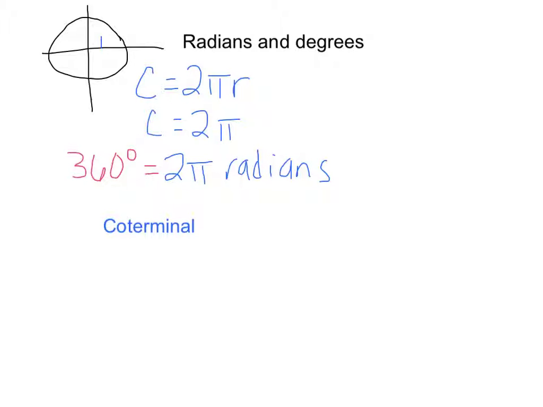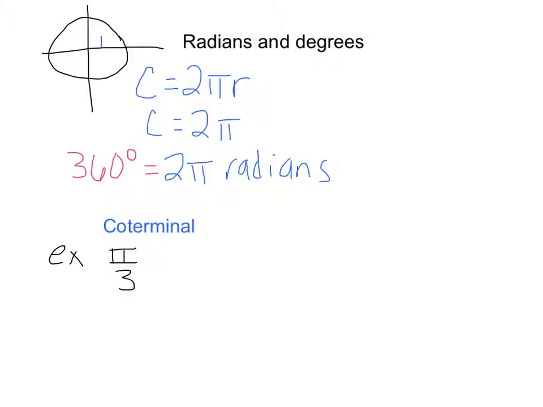Now that we're looking at things in radians, we can still find coterminal angles, but we're going to find them a little bit of a different way. Let's say, for example, I have an angle of pi over 3 radians. If I want to find a coterminal angle to pi over 3 radians, when this was in degrees, in order to find a coterminal angle, I needed to add 360 degrees.